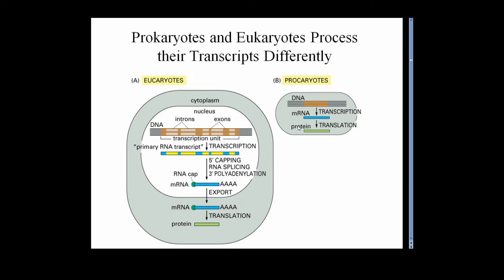For eukaryotes, all transcription takes place in the nucleus, and in the nucleus pre-messenger RNA is synthesized, which consists of exons and introns, and it is necessary to provide splicing, excision of introns, and further modifications, for example capping, binding of a cap on the 5' end, and polyadenylation on the 3' end.